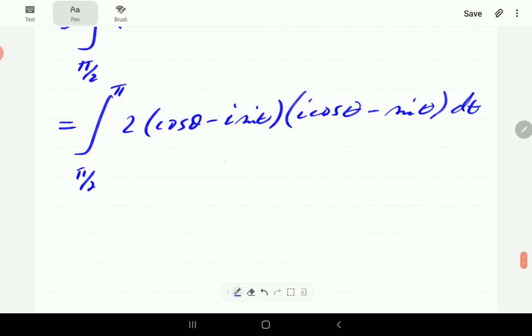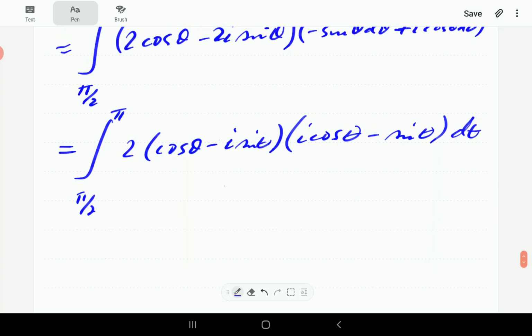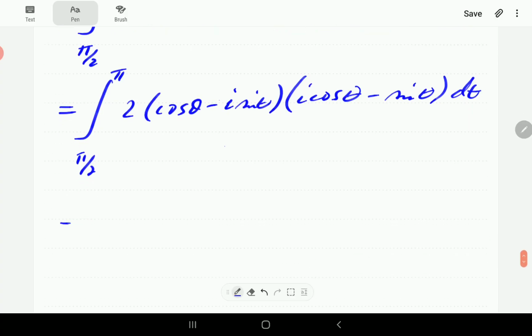Okay, so at this point there is another route which I'm going to show you, but for now let's just proceed as this thing appears. So if we multiply out, the cosines are going to give us i cosine squared theta.